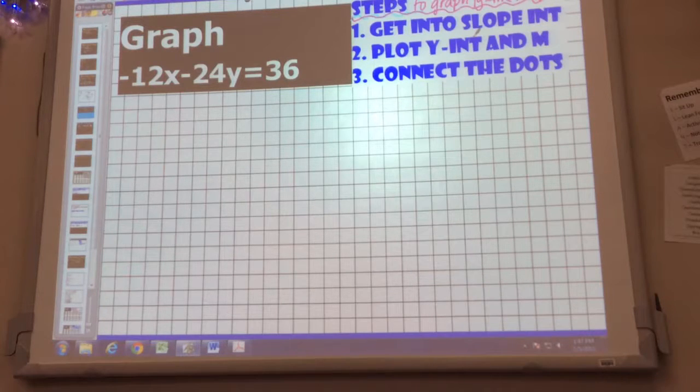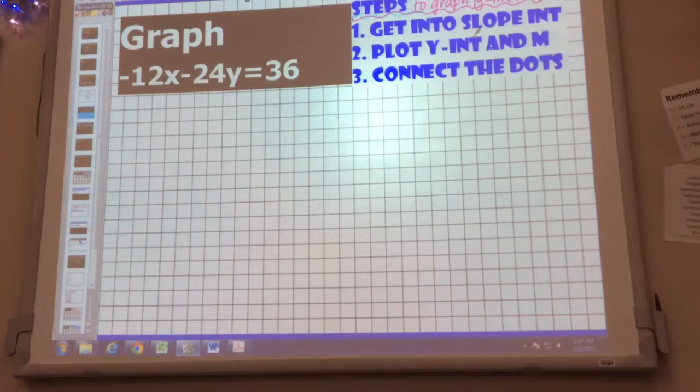And then put "get into," so get, G-E-T, into y equals mx plus b. Put y equals mx plus b, yep. Plus b, not equals. Very good.